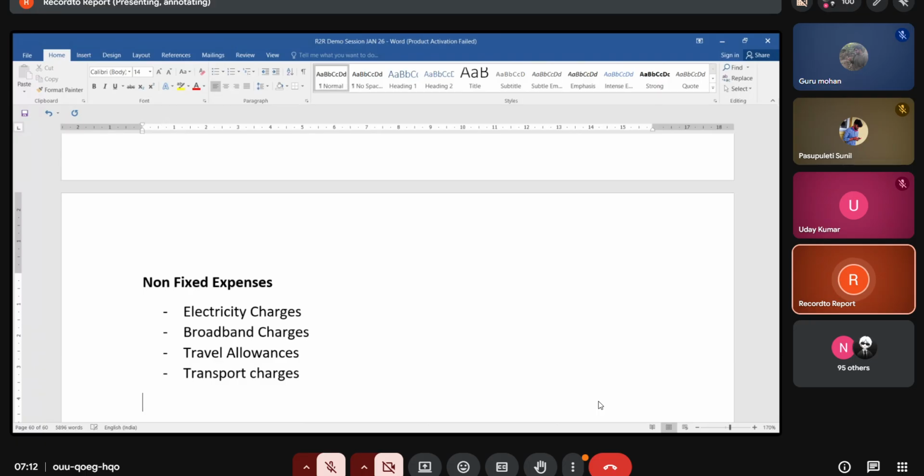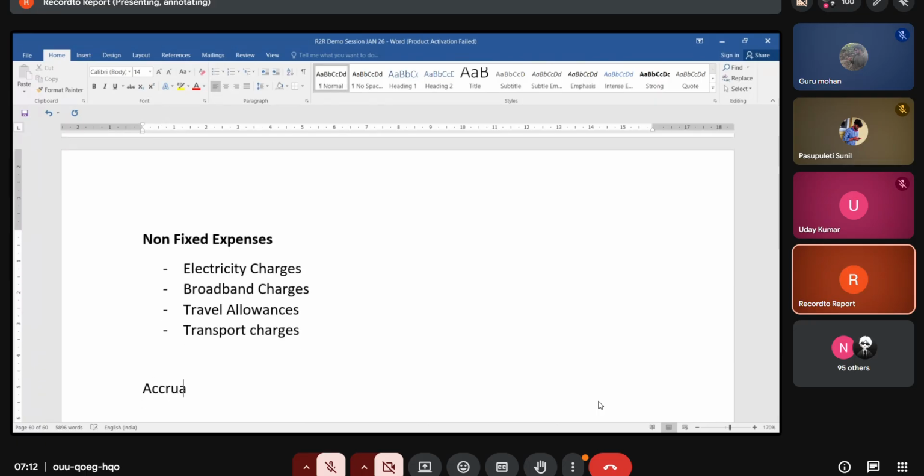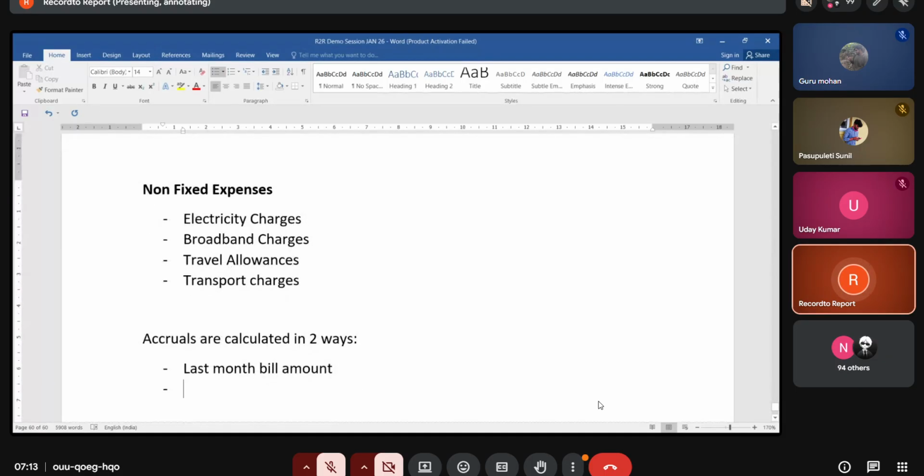Accruals are calculated in two ways. One, they will consider the last month's bill invoice, the first method, last month bill amount. And the second will be the last 3 months average.